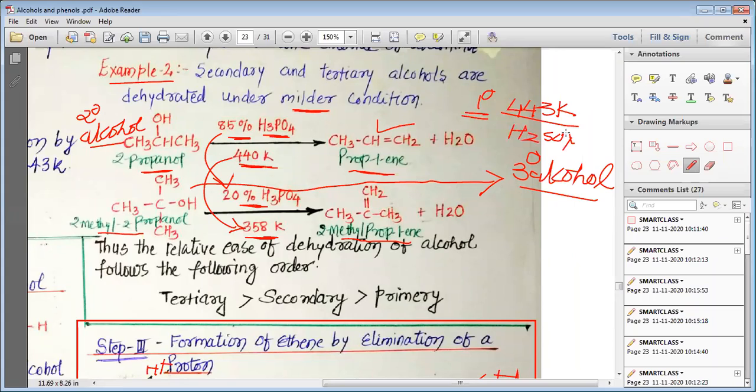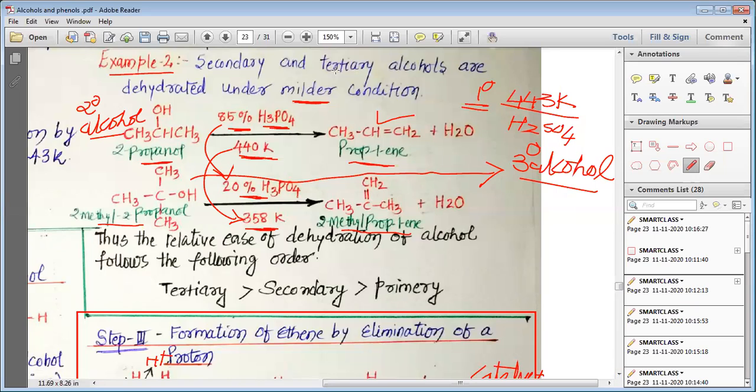For secondary alcohol, we take 85% H3PO4 and 440 Kelvin, but for tertiary alcohol, we take 20% H3PO4 and 358 Kelvin. So these are the milder conditions, and that is how we can say that secondary and tertiary alcohols can be dehydrated under milder conditions.